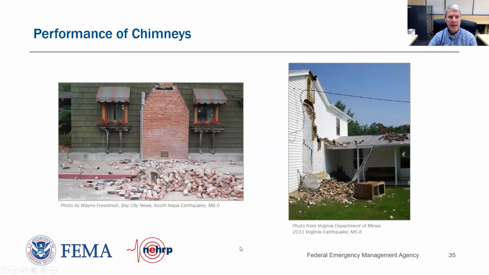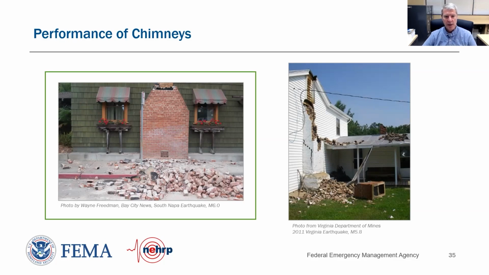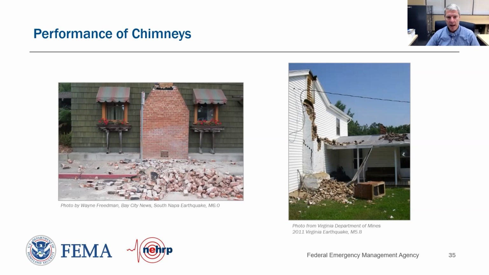Here's a couple more examples of chimneys. We've got a photograph on the left from the South Napa earthquake in 2014 where some bricks from a masonry chimney have failed, and it's a debris pile on the sidewalk below the chimney.